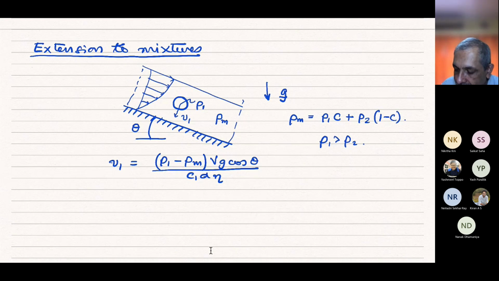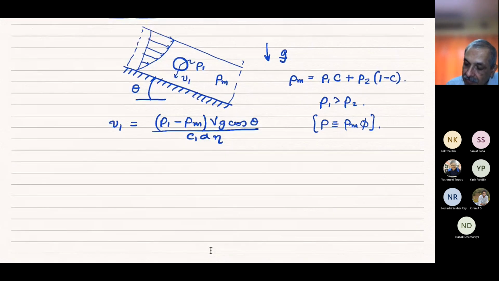So now what we are imagining is that here you have a particle of density rho 1, and outside you have a fluid which has a density rho m. So the bulk density is just rho m, whereas earlier we were looking at rho 2. But we have already calculated this velocity.